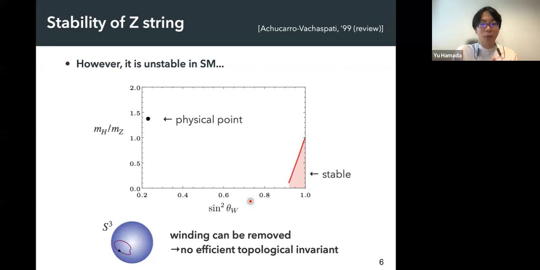Okay, let's consider sine of the Weinberg angle equal to 1. This means that the Weinberg angle is pi over 2. That means the SU(2) gauge coupling constant is completely 0. So the gauge symmetry is just U(1) hypercharge, and SU(2) is just a global symmetry.